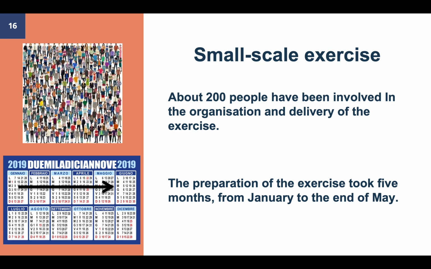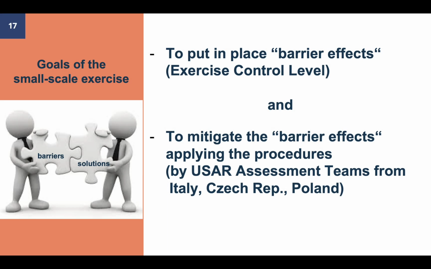About 200 people have been involved in the organization and delivery of the exercise. The preparation of the exercise took 5 months, from January to the end of May. The goals of the small scale exercise were to put in place barrier effects and to mitigate them by applying the procedures, by user assessment teams from Italy, Czech Republic, and Poland.